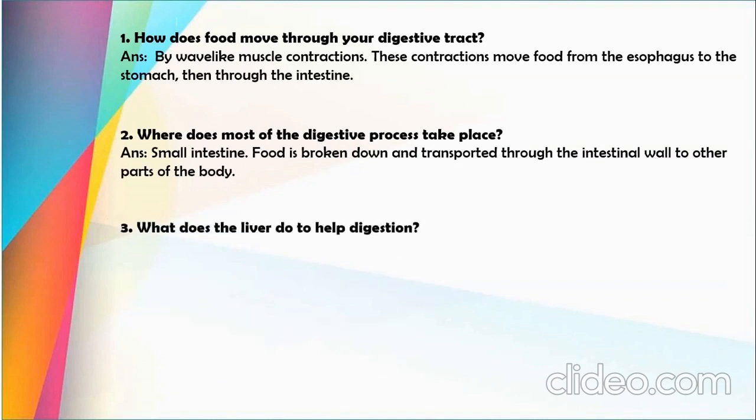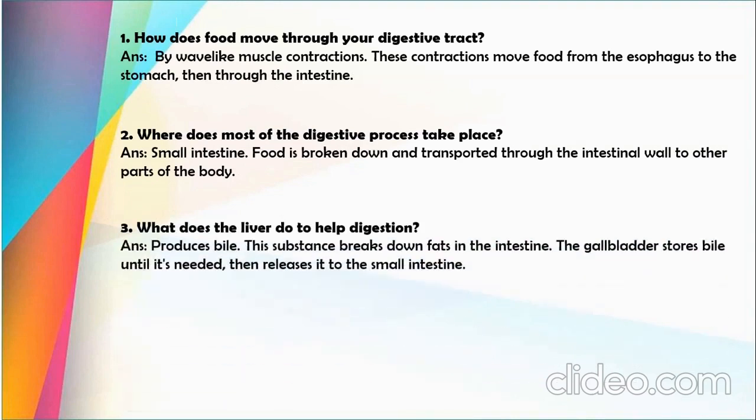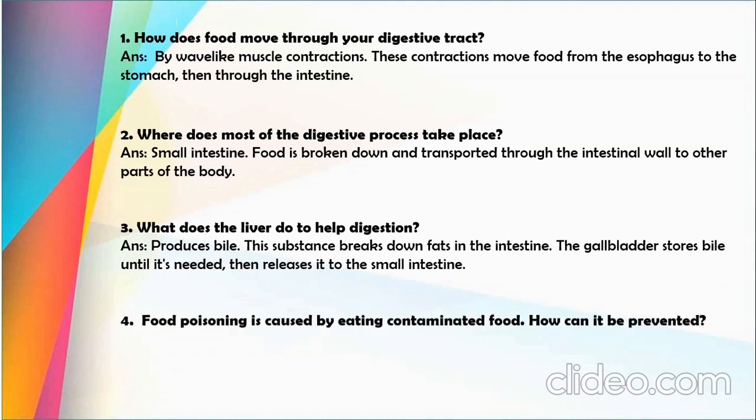Next question. What does the liver do to help the digestion? In that, it produces the bile. This substance breaks down the fat in the intestine, and the gallbladder stores the bile until it's needed, then releases it into the small intestine. Next question. Food poisoning is caused by eating contaminated food.